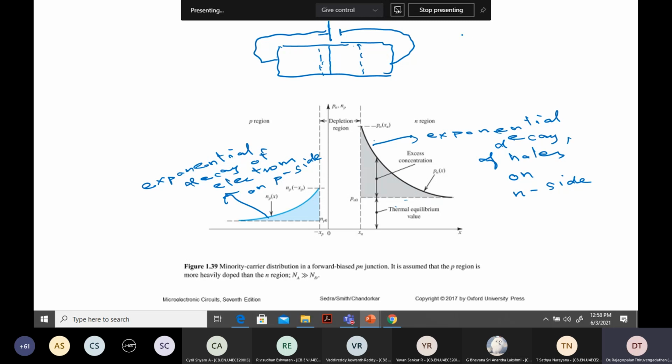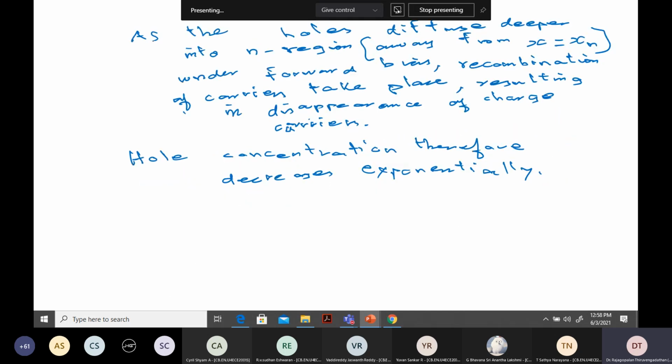So let us write down the mathematical equations. Okay, that is the idea, so that we can get a relationship. Please follow this. Okay, so what have I written earlier? You can see the hole concentration therefore decreases exponentially. This we have seen clearly.